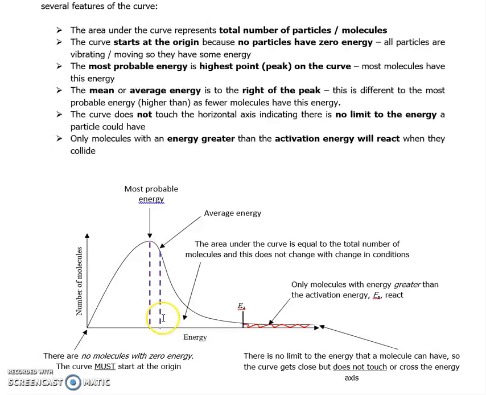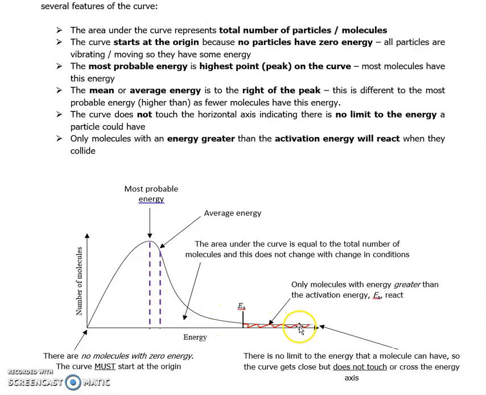This is different to the most probable energy, which is the mode. This is the mean. So fewer molecules have the average energy.